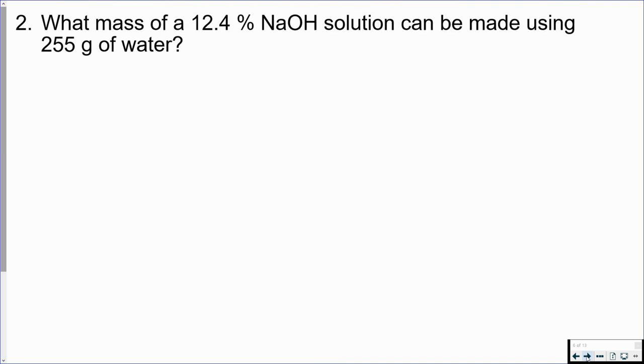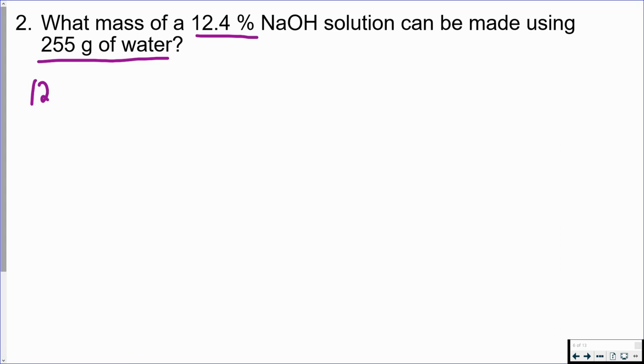Now, here is a problem. You guys can give it a shot. It could be a little bit difficult, but we're going to go through it here in 5, 4, 3, 2, and 1. They give us our percentage, but now they're giving us the grams of solvent. So if you remember, solvent plus solute equals solution.